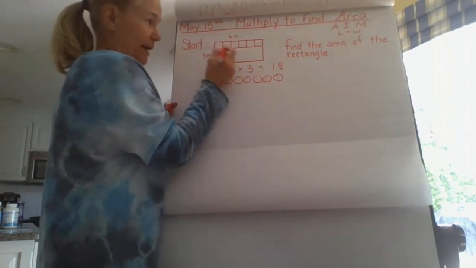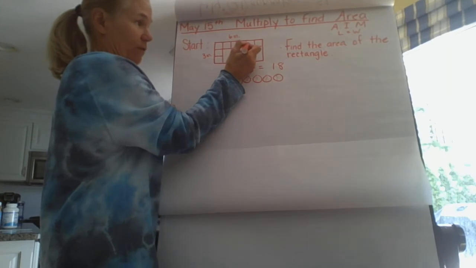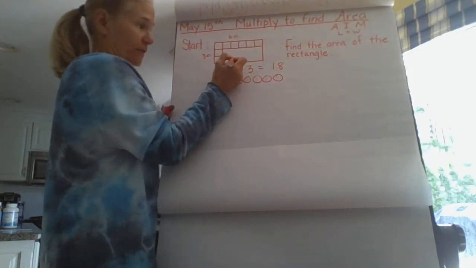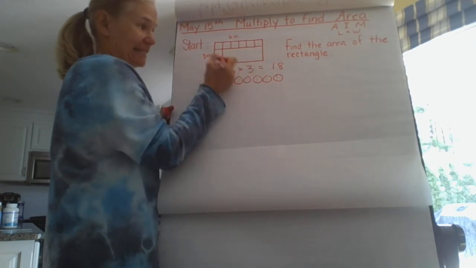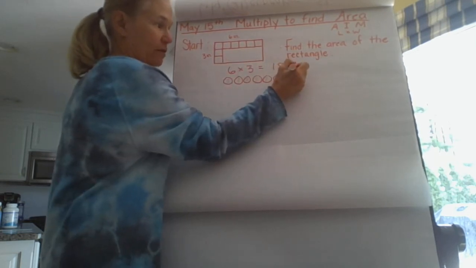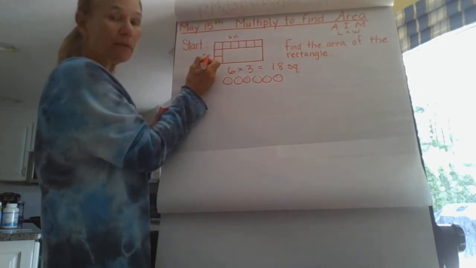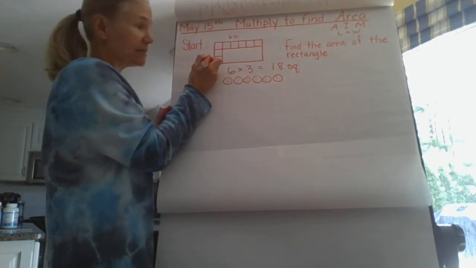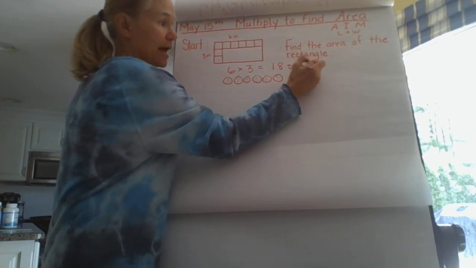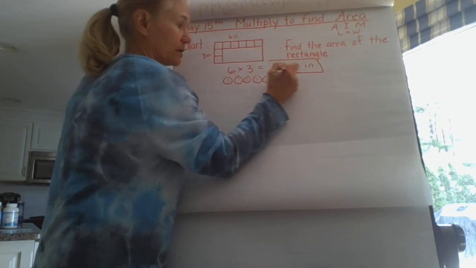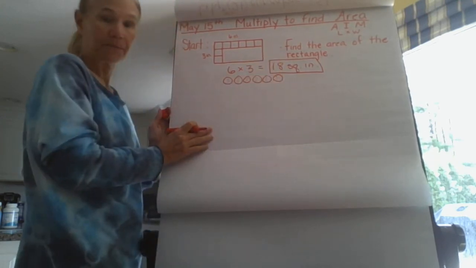And if I do that, I'm going to get 1, 2, 3, 4, 5, 6, 7, 8, 9, 10, 11, 12, 13, 14, 15, 16, 17, 18 squares. And if they don't give us the measurement, remember we can use units, but because they tell us it's inches, I need to write 18 square inches is my area.